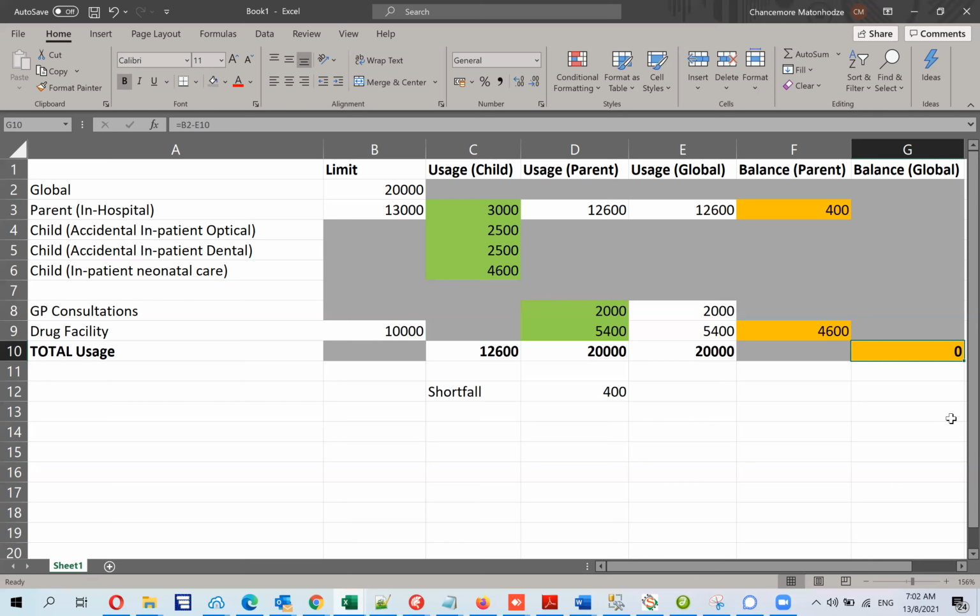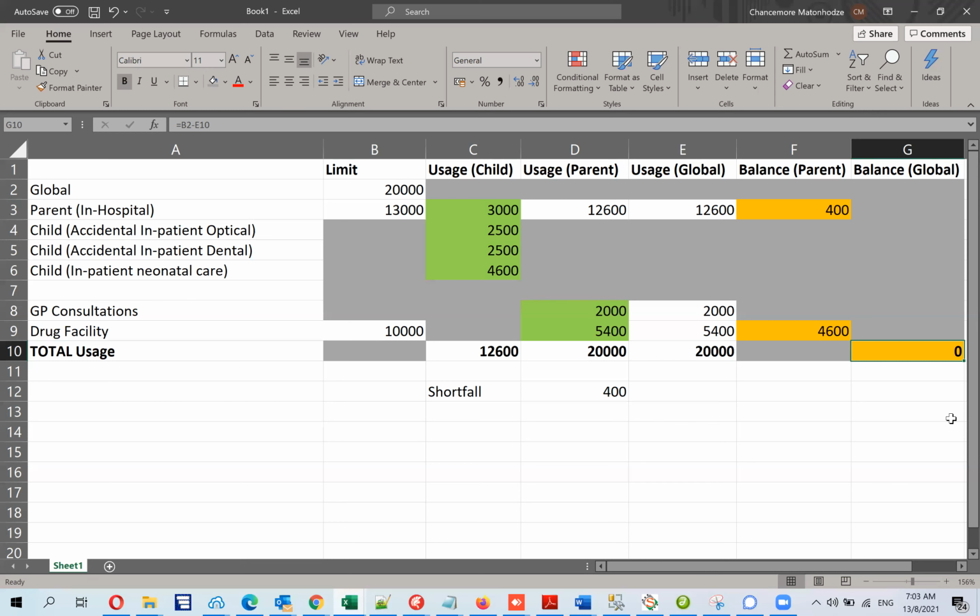Okay, so that would be a question, I guess, that would be answered by the BDU, the Business Development Unit, the one that designs these plans. But I'm speaking from the perspective of the system, or how the adjudication system works. The purpose of this model is to spread the risk across all the benefits.